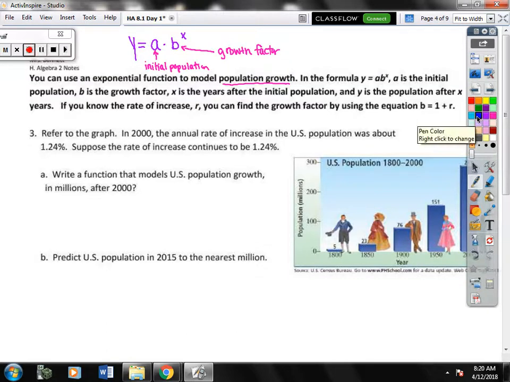Now there's a formula to calculate growth, because if I tell you that it's increasing at a rate of 1.24%, you can multiply by changing that to a decimal, 0.0124, but then you would have to add it back to show growth.